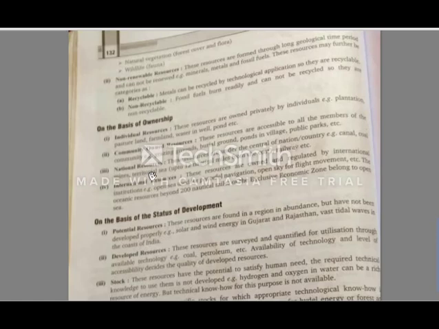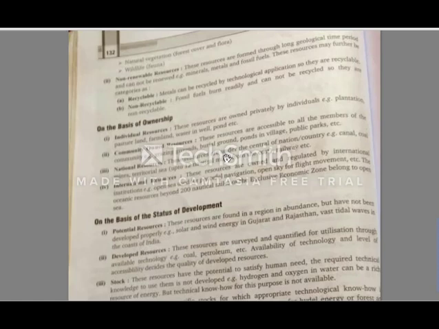Next is national resources. These resources are under the control of the nation or country, that is canals, coal mines, territorial sea, railways, etc. It means that only the central government or the country has the power to control them.